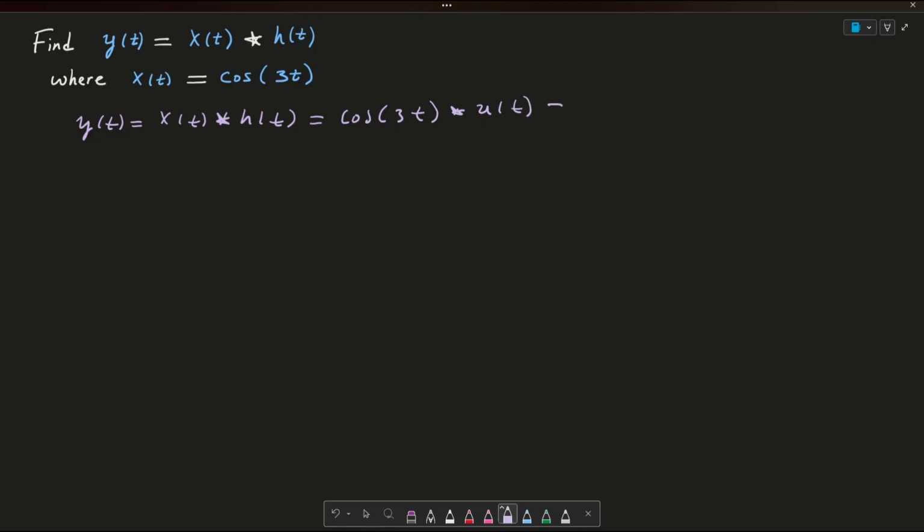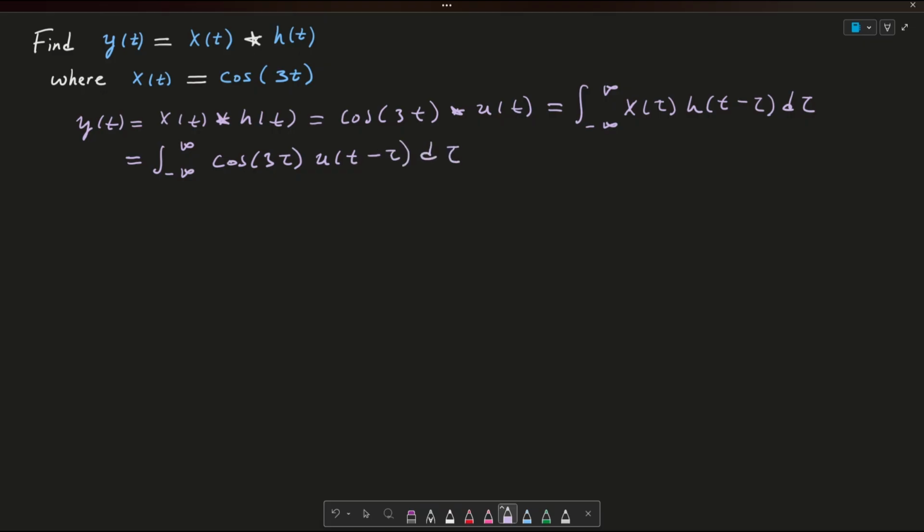And from a previous video we studied, we know that the convolution of two functions is the integral from negative infinity to infinity, in this case, of x tau times h of t minus tau d tau. So if we substitute for x tau and h of t minus tau, we get that y of t is equated to the integral from negative infinity to infinity of cosine 3 tau u of t minus tau d tau.